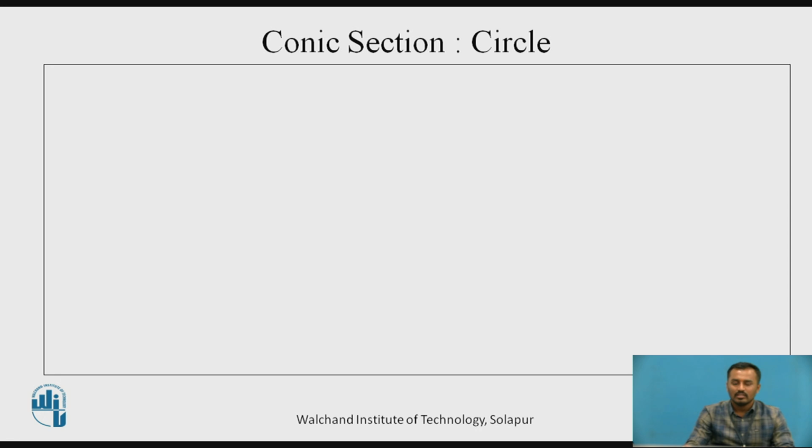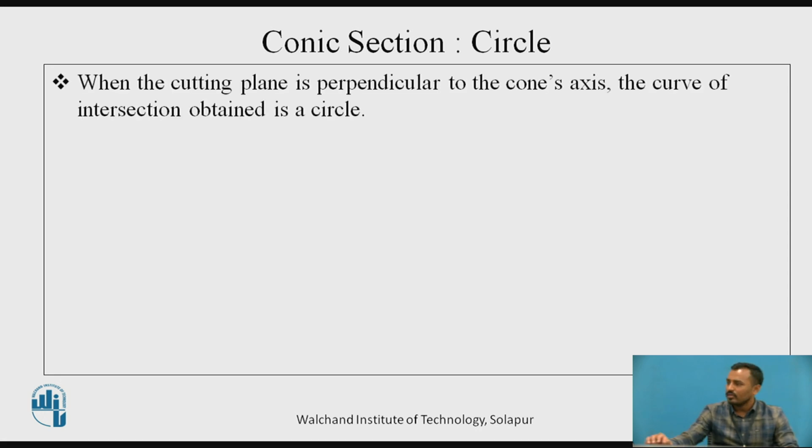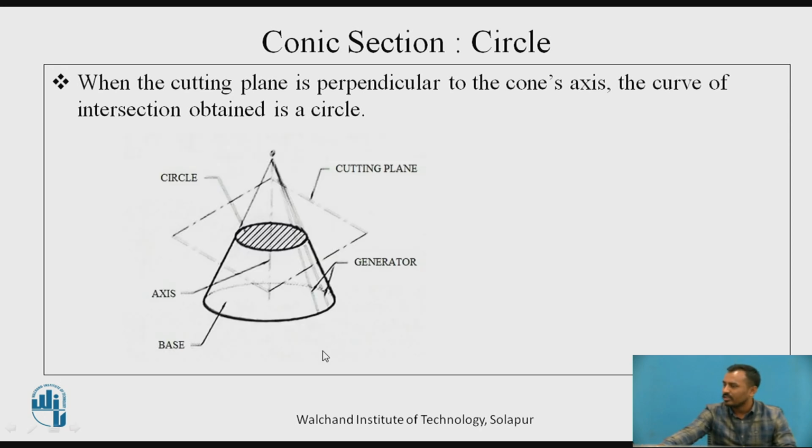After this, the circle is generated with the help of one cutting plane. When the cutting plane is perpendicular to the cone axis, the curve of intersection obtained is a circle. The axis of the cone is the line passing through the vertex to the center of the base.